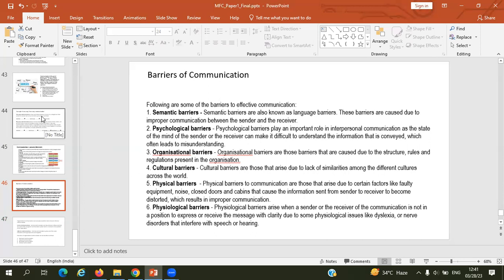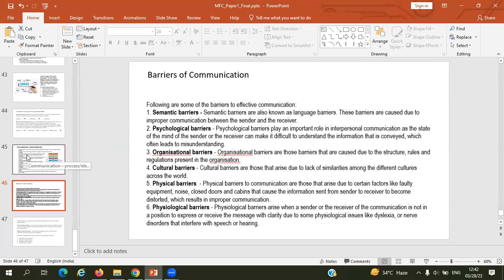Communication is one important theory and it covers one complete unit, Unit 4, which is interpersonal skill and organizational communication, which is in your syllabus. This is the order you have in your syllabus. You can go through it and write your exam in the same order.